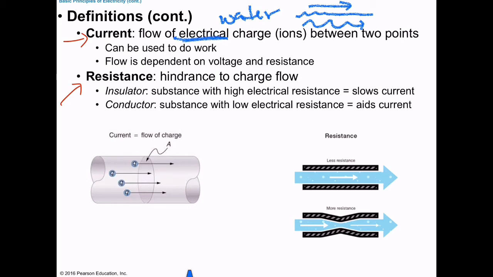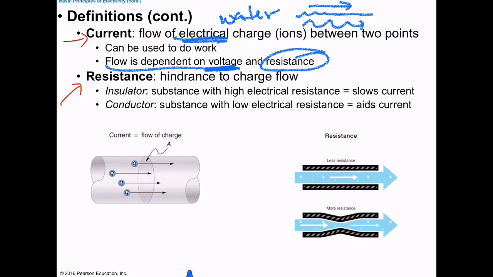Electricity itself is defined as electrons moving over distance and time. If a lot of electrons are moving really fast, that's a big, fast current. But if they're moving really slow, that's a weak current. So flow is dependent on voltage, which we looked at, so how powerful the voltage is, but the next thing I want you to look at is resistance.